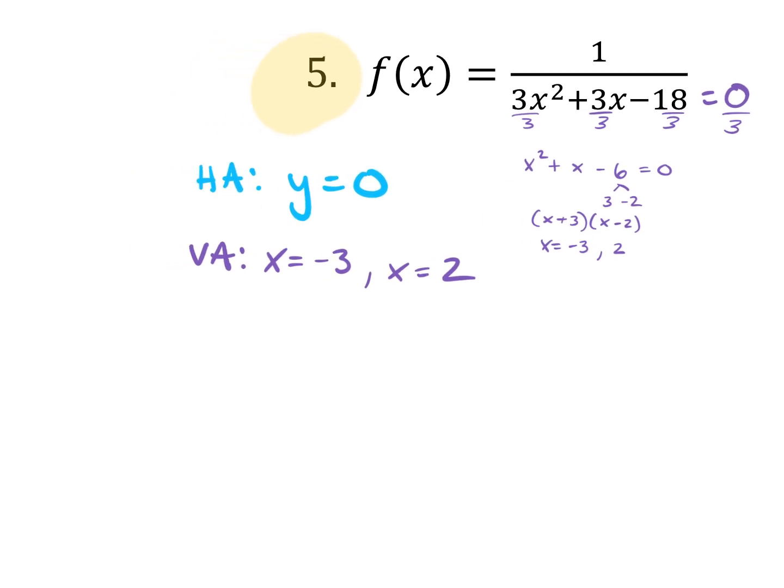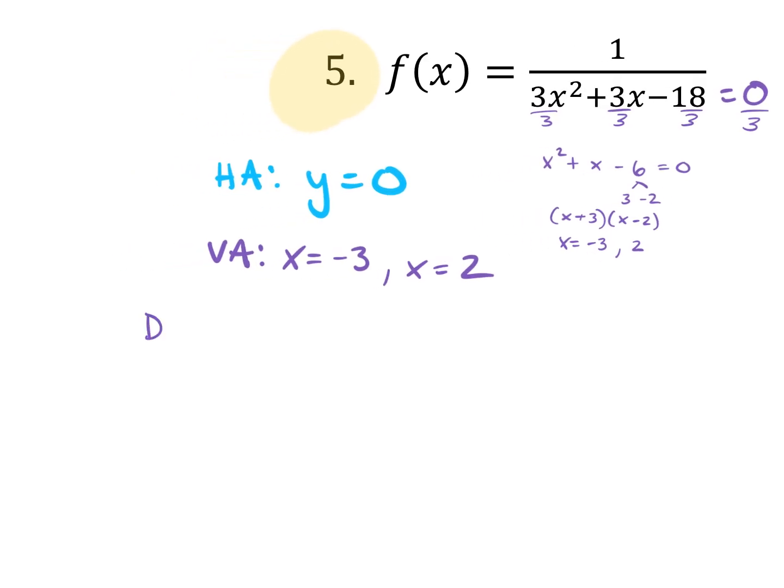Next, for our domain, remember domain and vertical asymptote go hand in hand. We set the denominator not equal to 0 for the domain. So it's going to be the same numbers. How would we write it in interval notation?